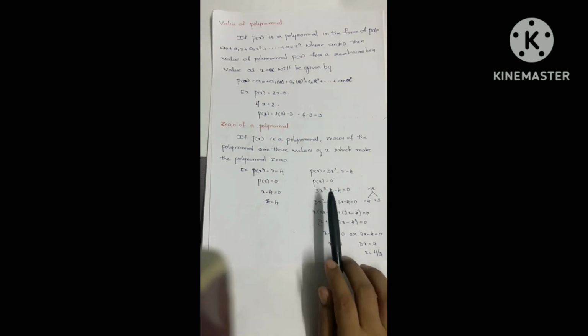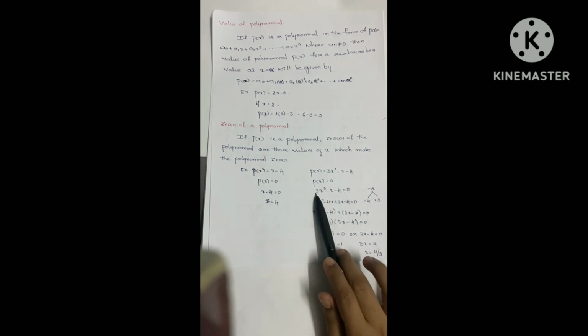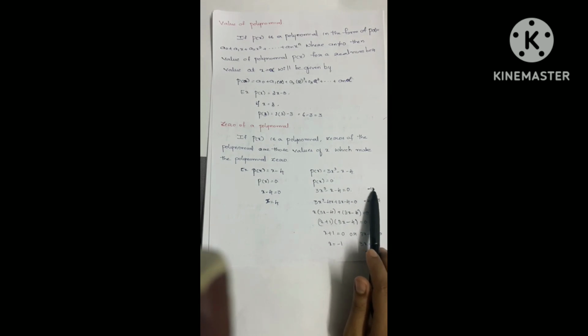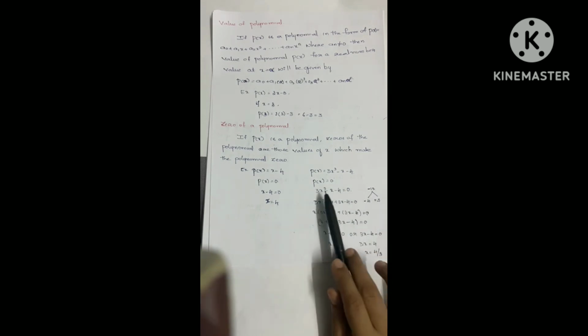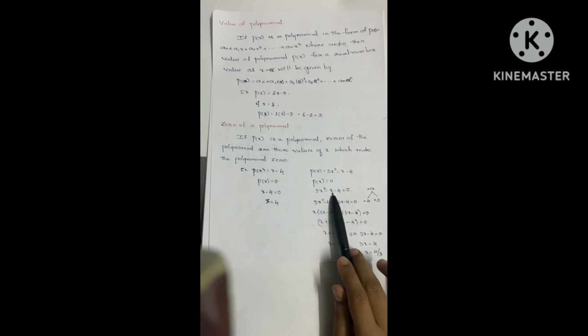So now to factorize this, the coefficient of x square is 3. We multiply 3 into minus 4, which is minus 12. When we multiply, we should get minus 12 and when we add, we should get minus 1 here.